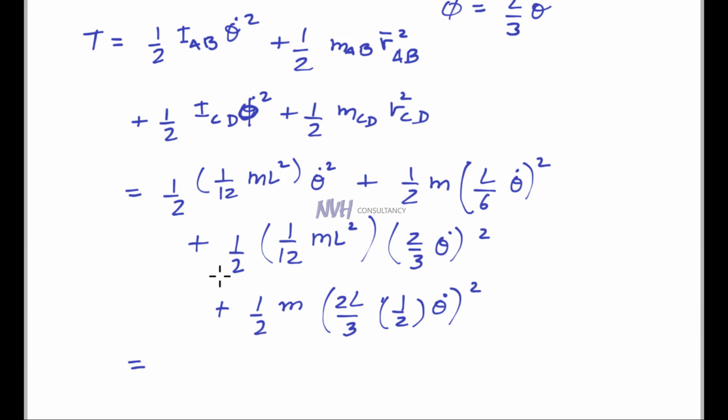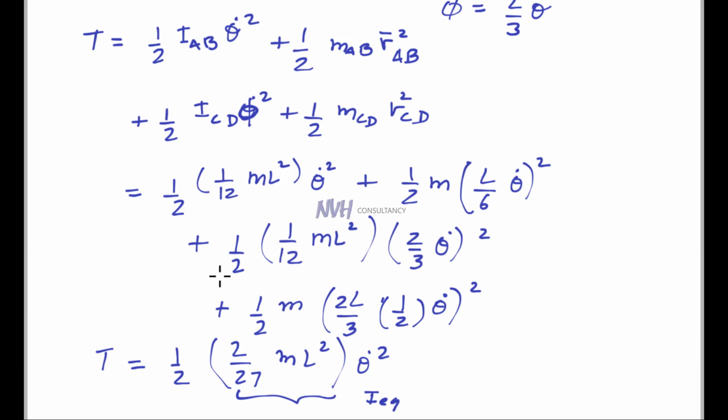So this whole thing will come out to be half times 2 by 27 m l square times theta dot square. So this is the kinetic energy in the system, and this portion over here is the equivalent I_EQ which is required.